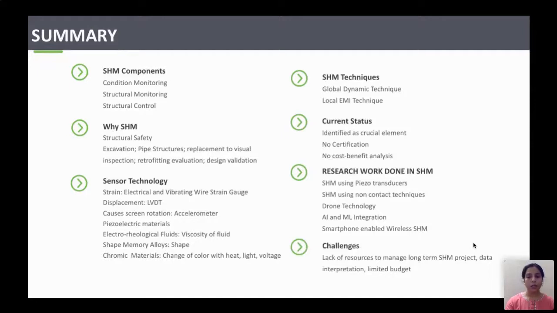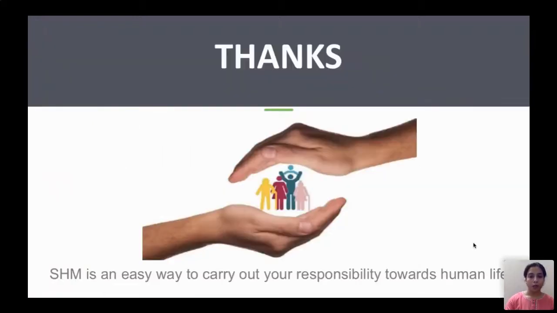And finally, we learned about the challenges which are acting as a retaining force in the way of SHM. So in the end, I would lastly say that SHM is an easy way to carry out your responsibility towards human life. So we should practice it. Thank you.